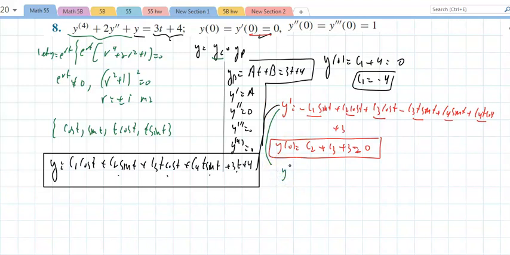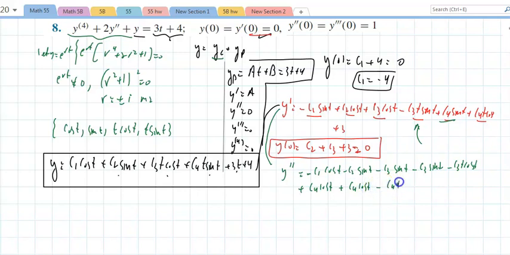Y double prime is going to be negative c sub 1 cosine of t, minus c sub 2 sine of t, minus c sub 3 sine of t, minus c sub 3 sine of t, minus c sub 3 t cosine of t, plus c sub 4 cosine of t, plus c sub 4 cosine of t, minus c sub 4 t sine of t, and the derivative of 3 is 0.